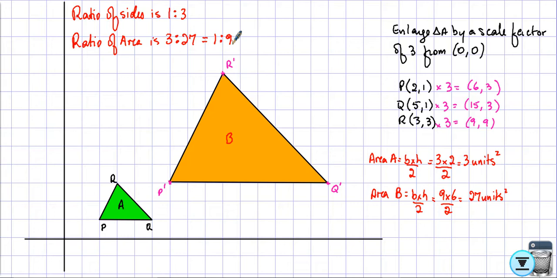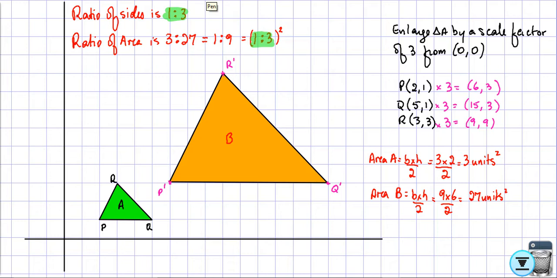I could also write this as 1:3 squared, because 1 squared is 1 and 3 squared is 9. And note that this 1:3 is the same 1:3. So that is the area.